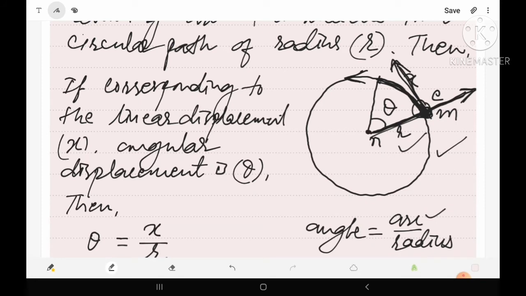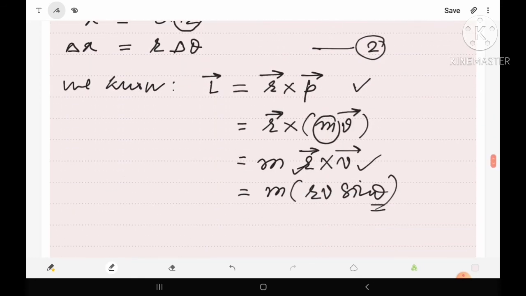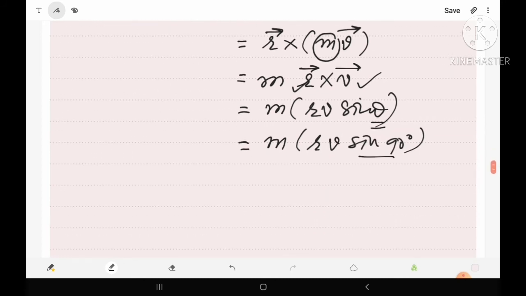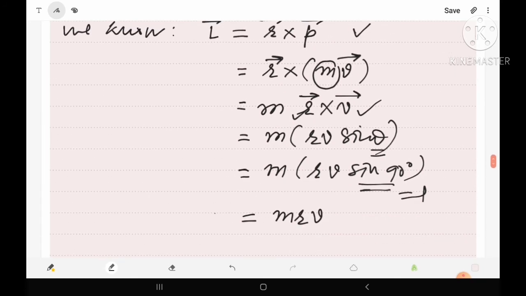So the angle between radius and velocity is always 90 degrees. So we can write m r v sine 90, and sine 90 is equal to 1, so m r v is equal to L.